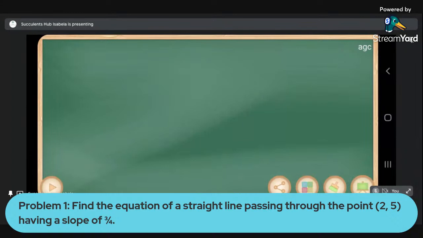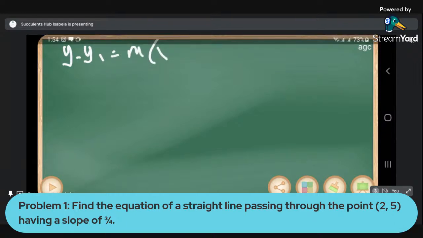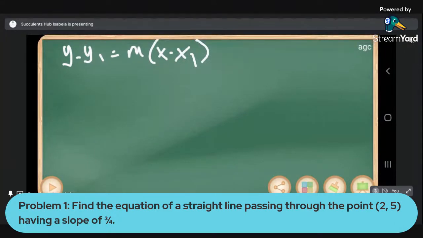Okay, so you have y minus y sub 1 is equal to m, x minus x sub 1. Okay, the given here is a point 2, 5. So your 2 here is your x sub 1, 5 is y sub 1, and we have an m which is equal to 3/4, or the slope that is equal to 3/4.